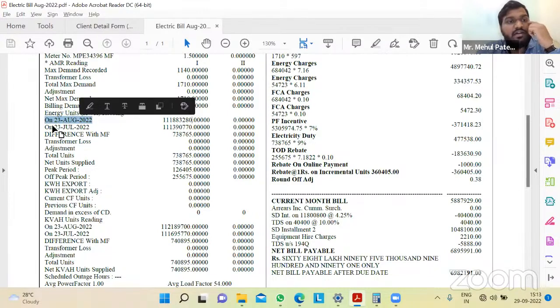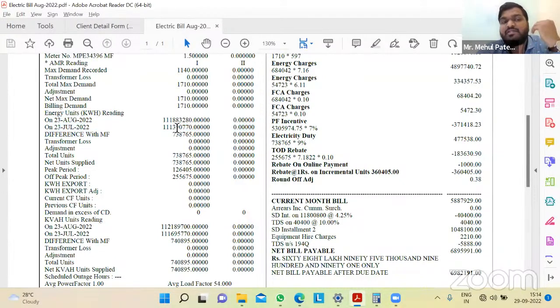If you see, the reading on 23rd August is the current reading, and whatever the number is on 23rd July 2022 is the previous reading. So the total units for this month will be the current reading minus the previous reading. The difference will be 738765.